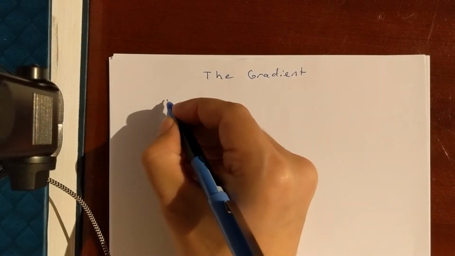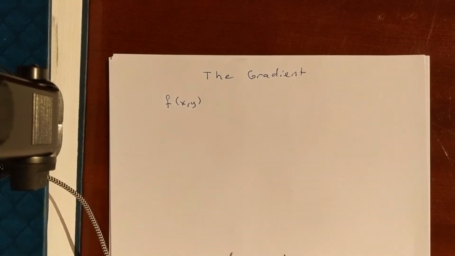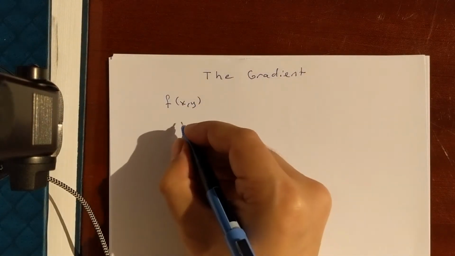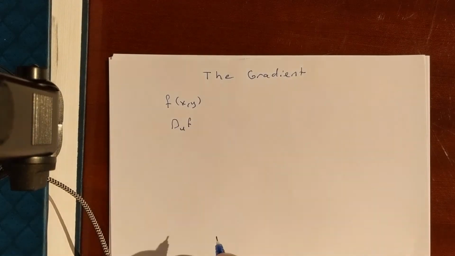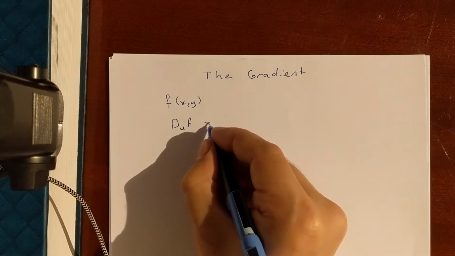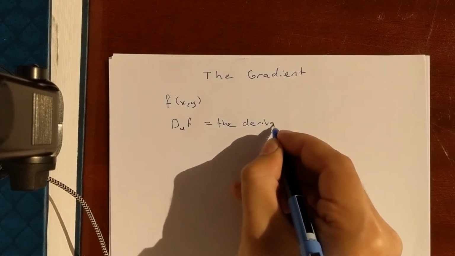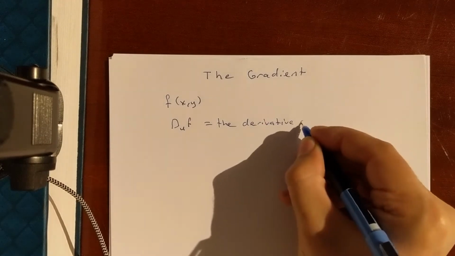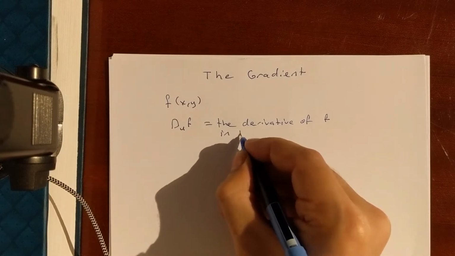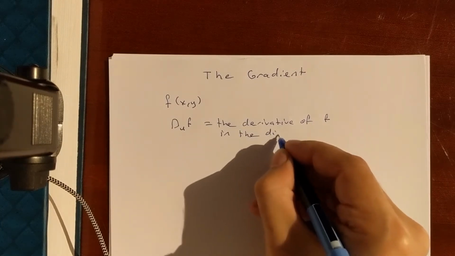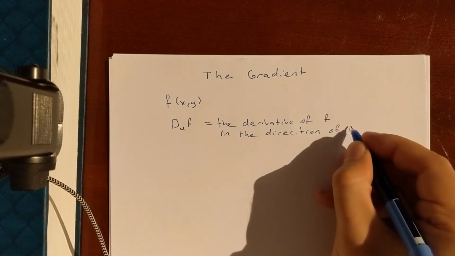Given a function f of x, y, we wanted to find D sub u f, the derivative of f in the direction of the unit vector u.